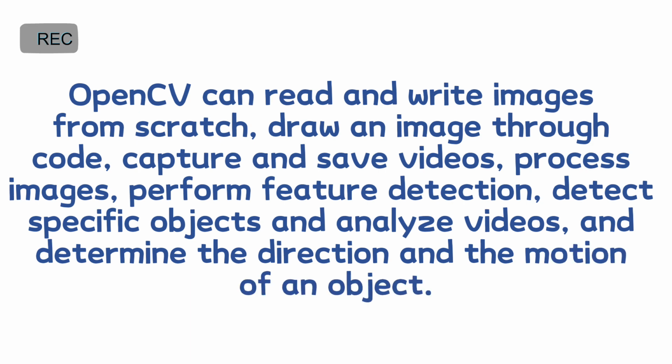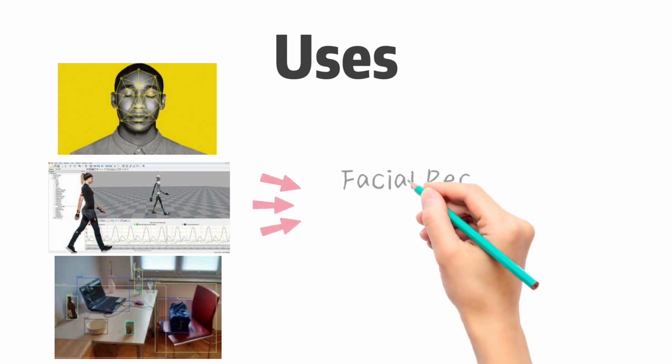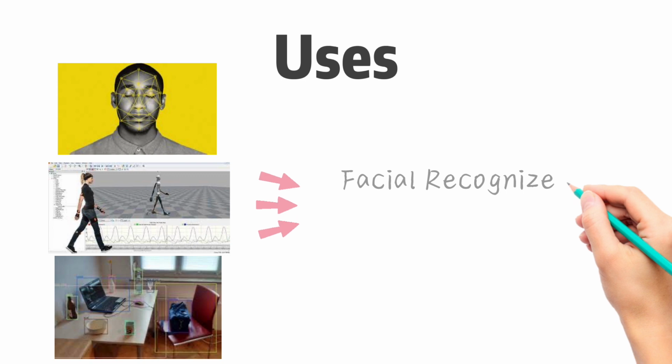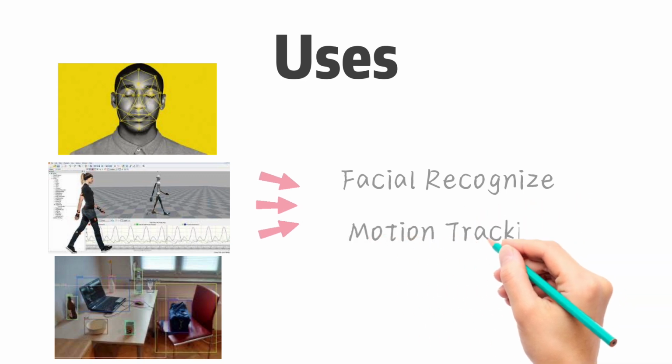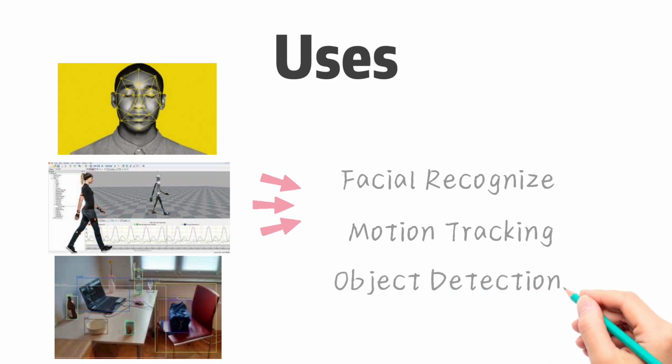It can facilitate the use of machine perception in commercial goods and offer a standard architecture for computer vision applications. It also has many well-known uses, such as facial recognition, motion checking, and object detection.